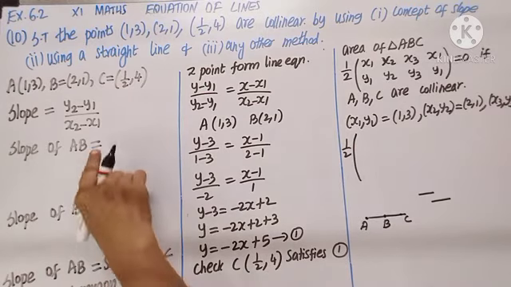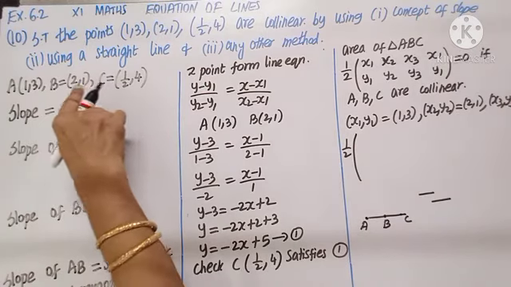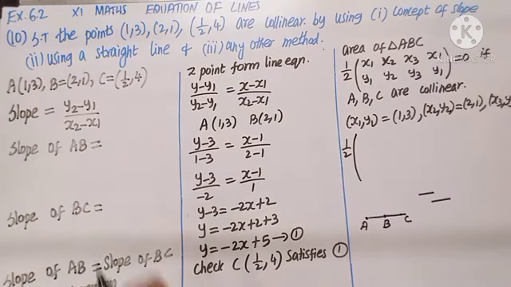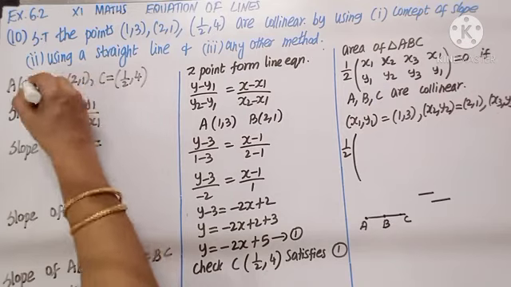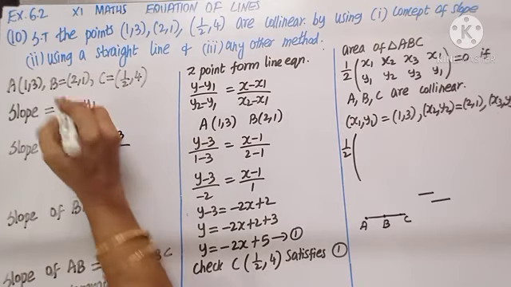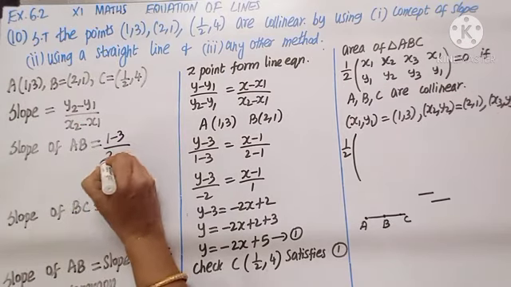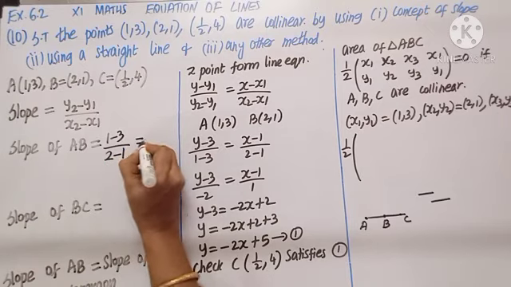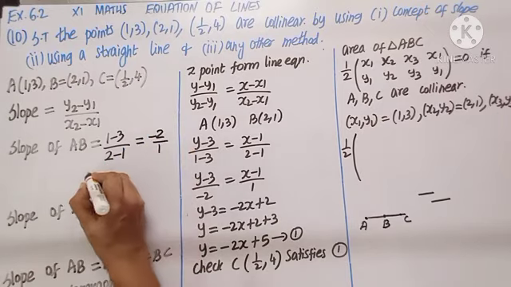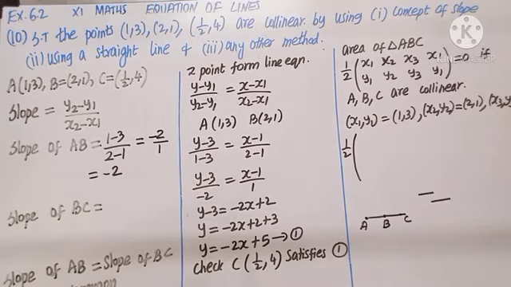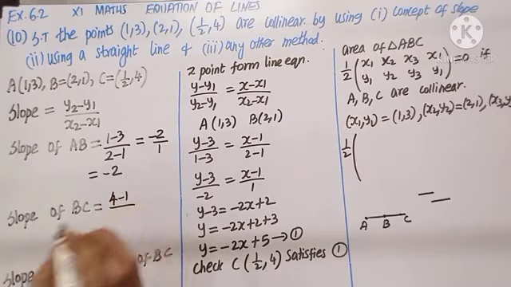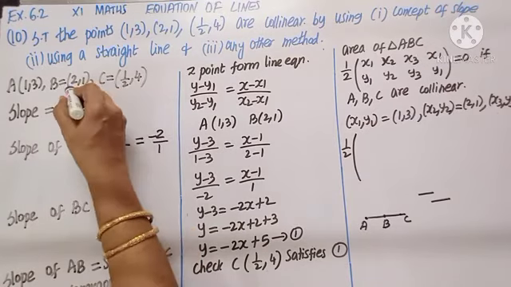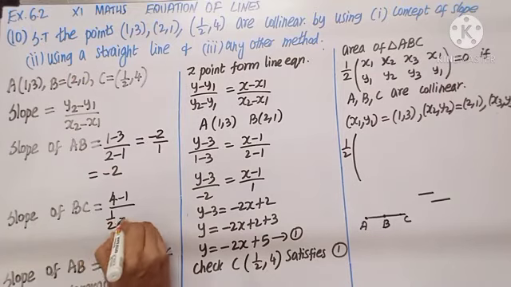So we are going to find the slope of AB and the slope of BC. What is the slope formula? y2 minus y1, 1 minus 3, by x2 minus x1, 2 minus 1. That is minus 2 by 1, so I get minus 2. Slope of BC: y2 minus y1, 4 minus 1, by x2 minus x1, half minus 2.